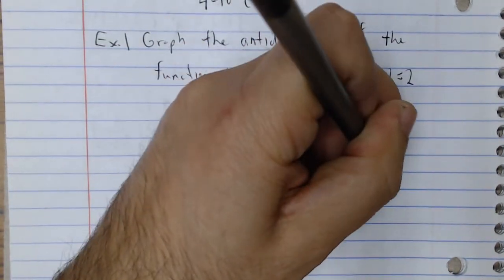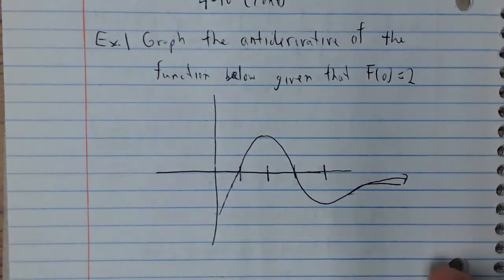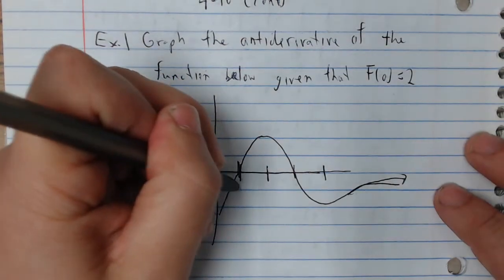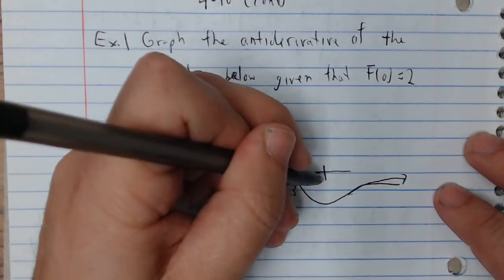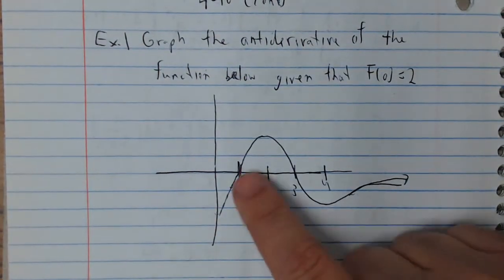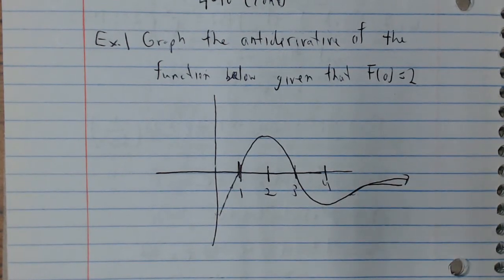Okay, and this tapers off. So basically, let's describe this. This is the graph of the derivative, and I want to graph its antiderivative. So we're working backwards here.